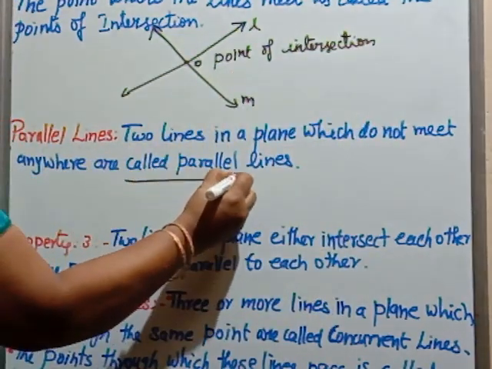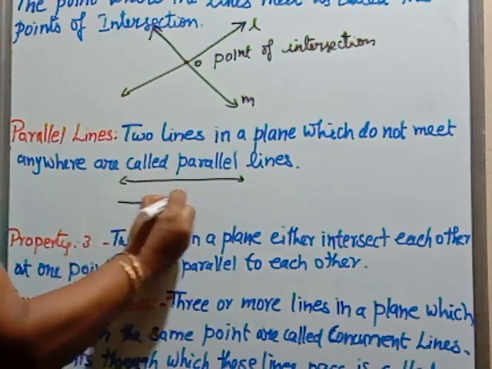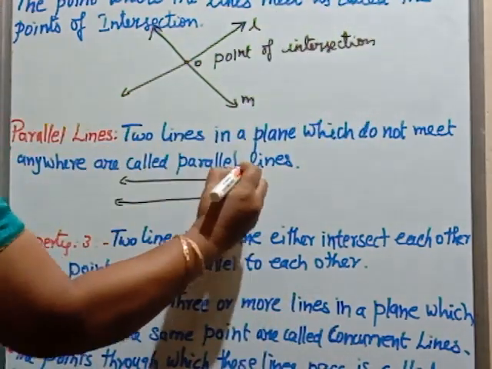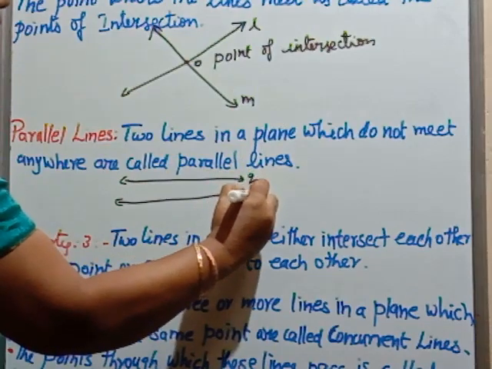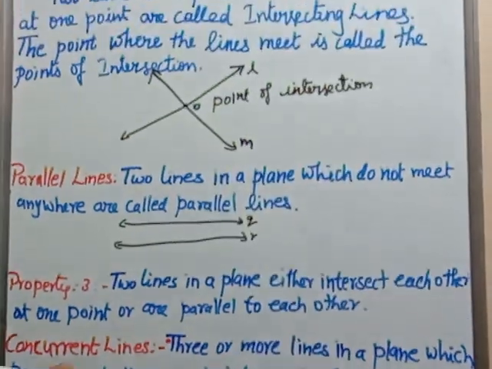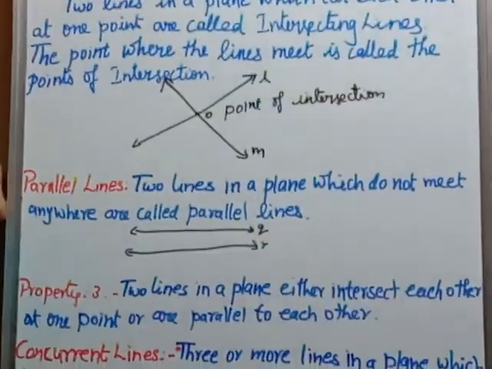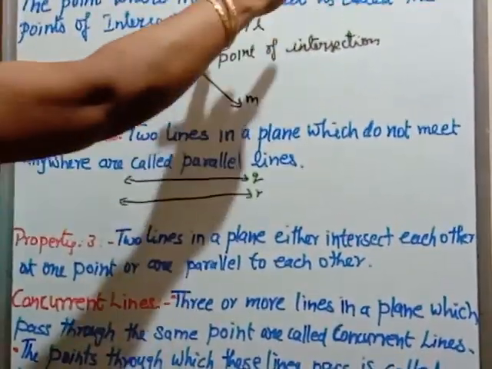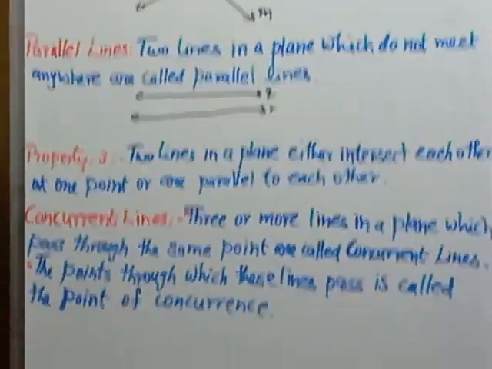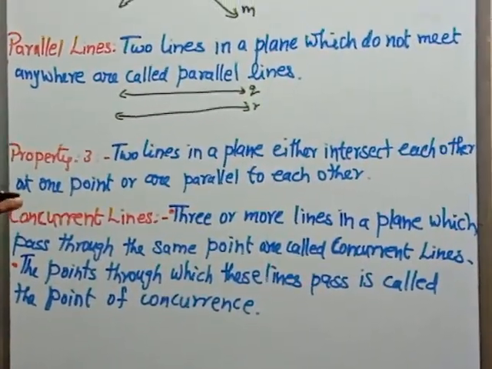See, these lines can extend like this only. Q, R. A good example is our board. Both the edges of the board are a good example of parallel lines. They will never meet anywhere. So it is called a parallel line. Now you have already learned two properties.